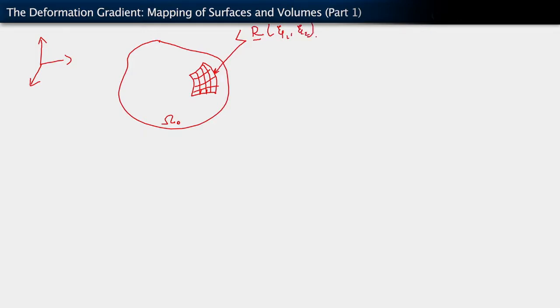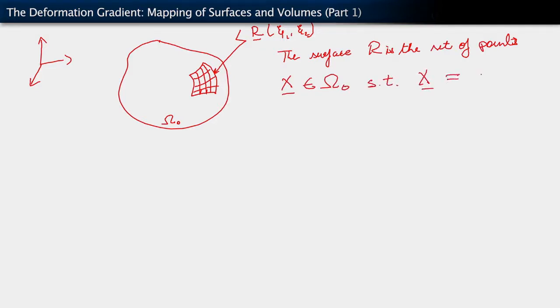And as before, what we have in mind is that, and I'm going to use an abusive notation here to call the surface R, okay, the surface R is the set of points x belonging to omega naught such that x equals R of C1, C2.